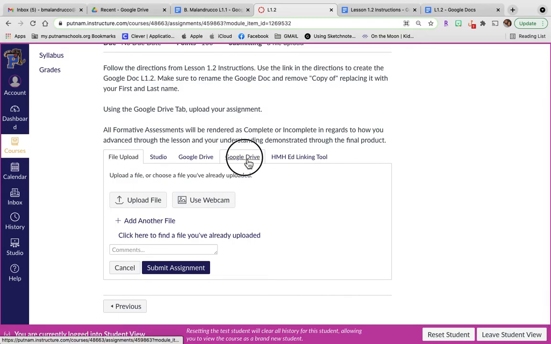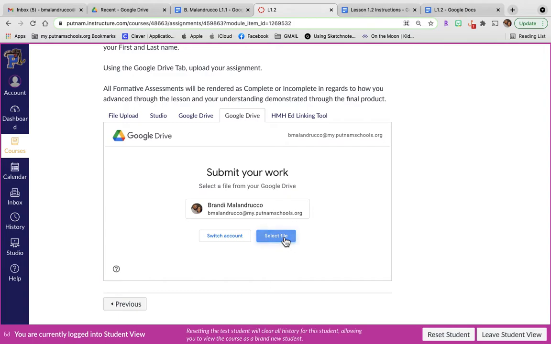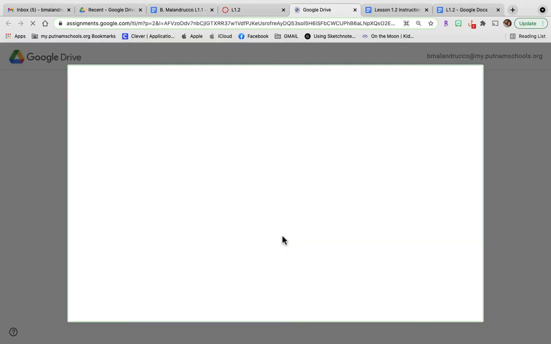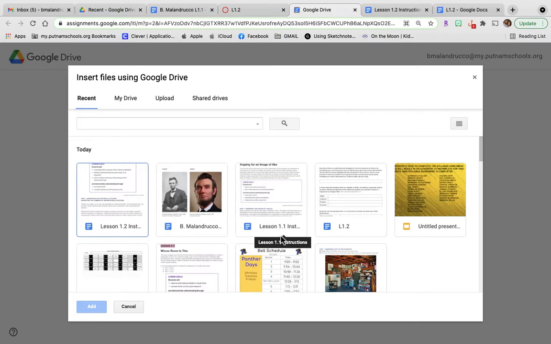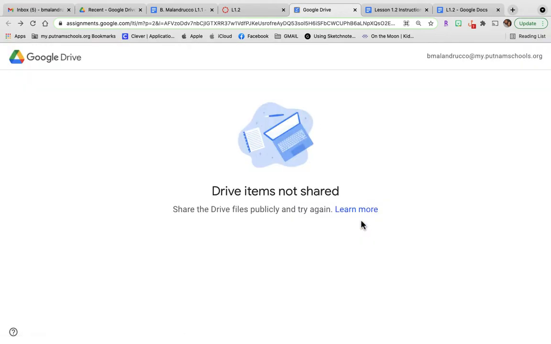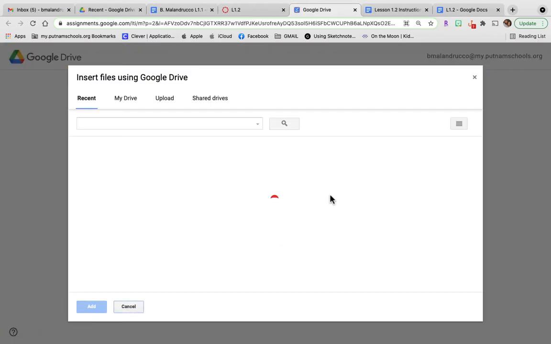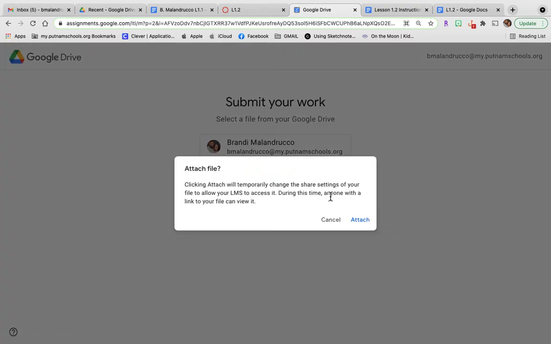You want to use that second Google Drive tab. I won't be doing this on all the videos, but just in case until it sinks in, I'm going to kind of walk you through it step by step. Here would be my 1.2, and here's where I will add it. Hit Attach. Drive items not shared, that's funny. Let's try that again. If you don't succeed, I can just double click it. Ooh, I like that.